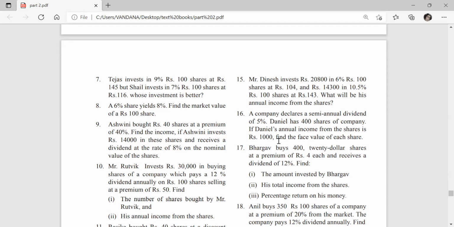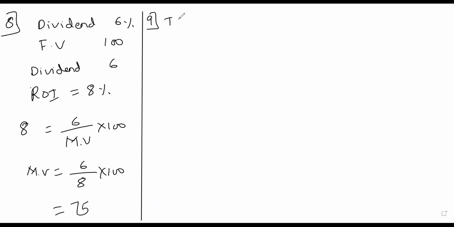40 shares लिए, प्रीमियम है 40%, लेकिन फेस वैल्यू पता नहीं है, मार्केट वैल्यू पता नहीं है. So total investment is 14,000. Number of shares 40.